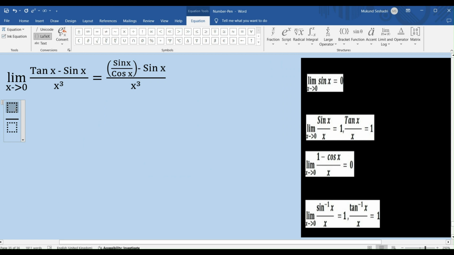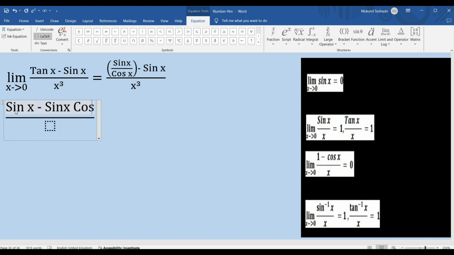So I have this as sin x minus sin x by cos x. I can move the cos x to my numerator, right? So I can rewrite this as sin x into cos x divided by cos x into x cube, right?